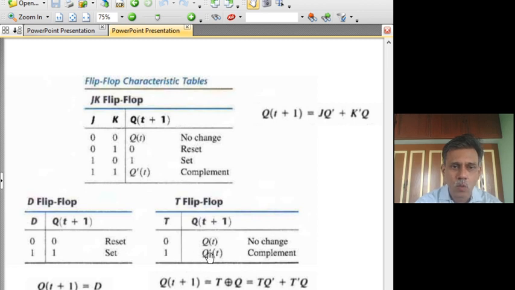So when T is equal to 1, Q of t plus 1 is equal to Q dash of t. It's the complement. So the characteristic equation is Q at the time t plus 1 is T exclusive OR Q, or in expanded form it is T Q bar plus T bar Q. This is the equation for the exclusive OR case.